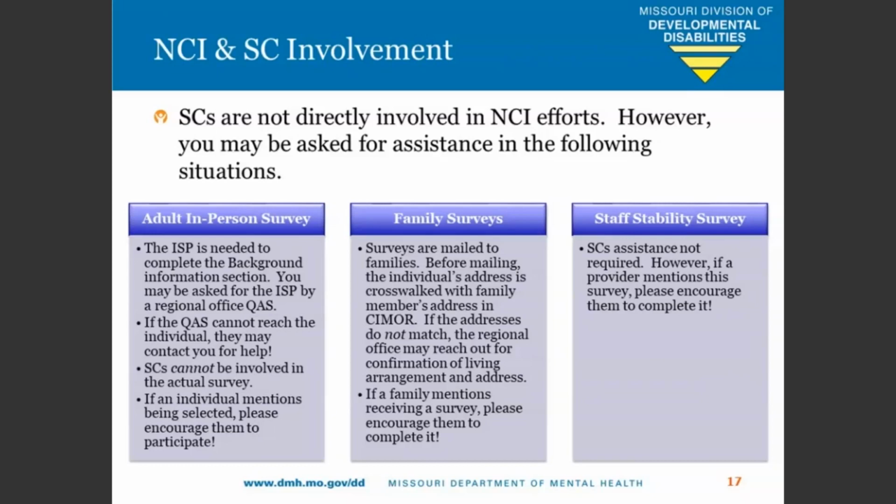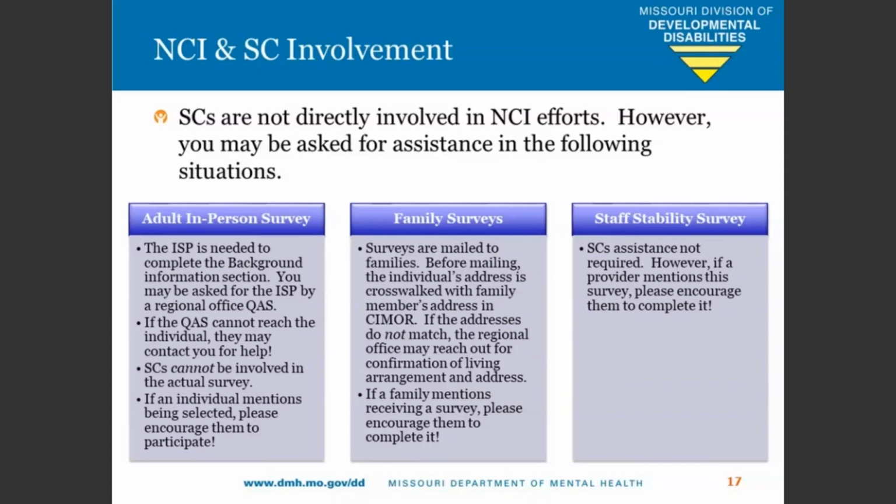So that is how I may ask you all for assistance with the family surveys, keeping those addresses for the individual and the family up to date.